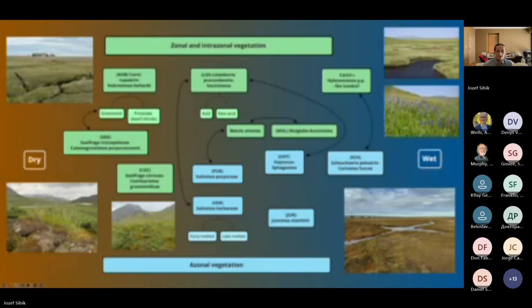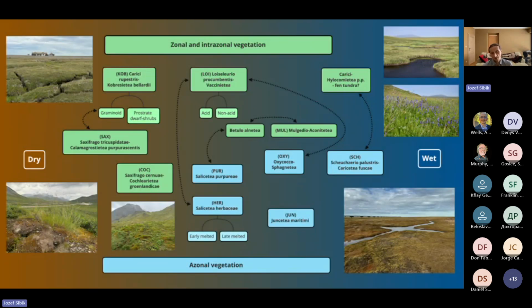So when switching to another diagram, now we can see a variety of Arctic vegetation along the Dalton Highway. We can identify zonal and intrazonal vegetation. We can see Carici rupestris-Kobresietea, windswept grassland tundra, also sometimes with dwarf shrubs.